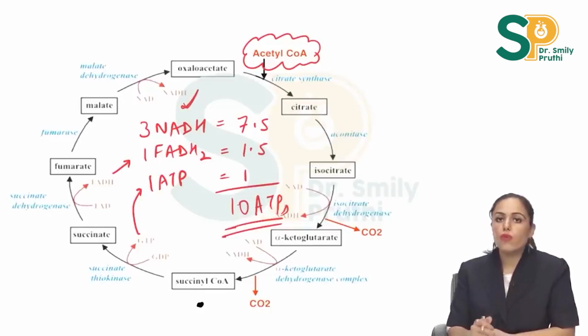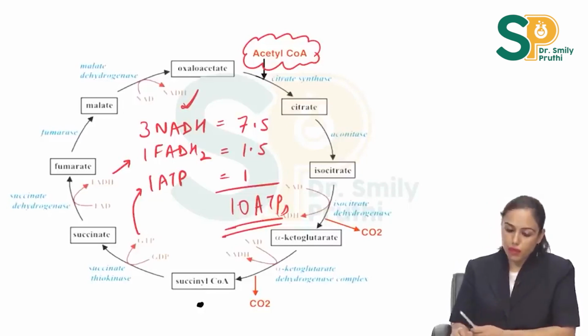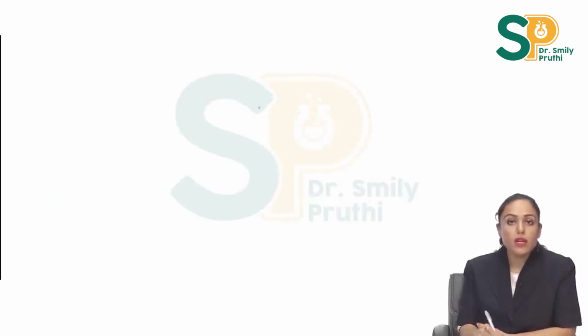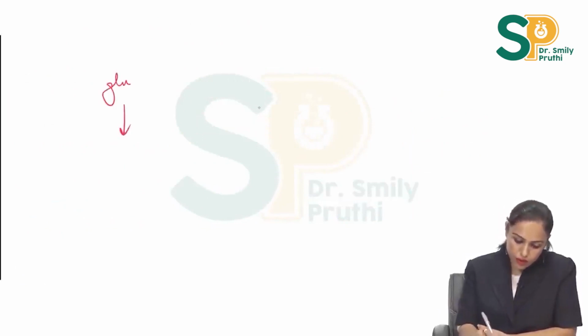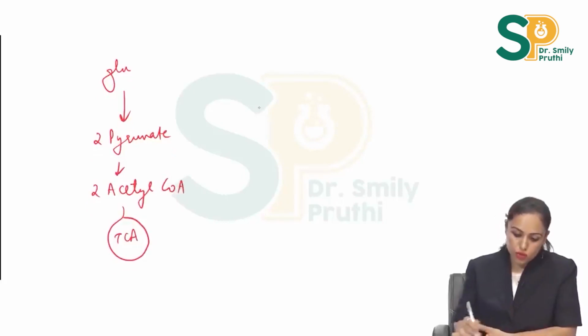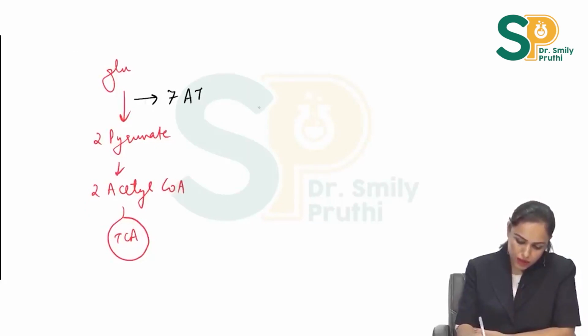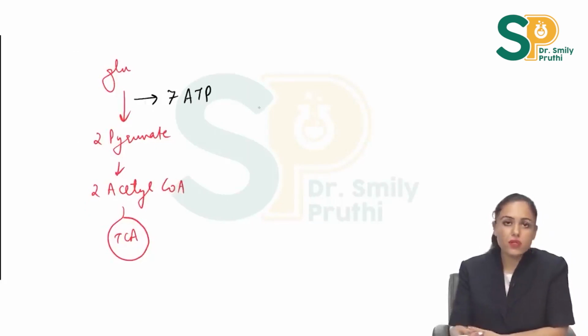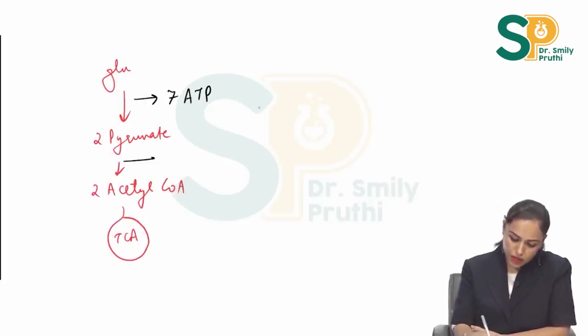Now let's count from one glucose, and that will be complete breakdown of glucose. So one glucose will be converted to 2 pyruvate. 2 pyruvate via link reaction will make 2 acetyl-CoA, and these 2 acetyl-CoA will go into TCA cycle, right? So energetics: in glycolysis, glucose to 2 pyruvate, we get 7 ATPs because it is aerobic glycolysis, end product pyruvate. Then in link reaction, I told you 2 NADH are formed.